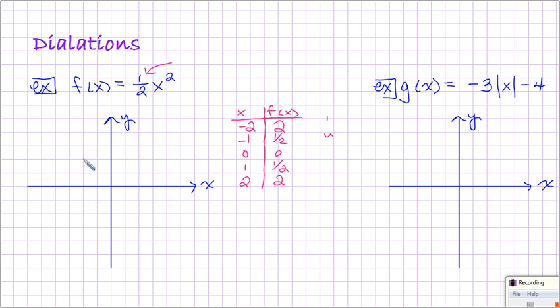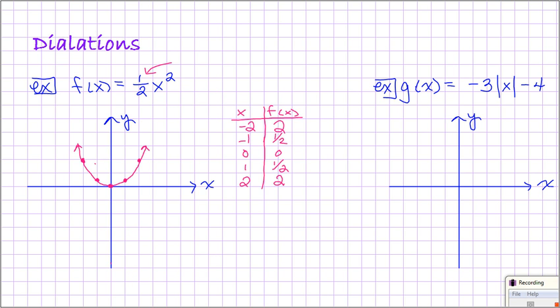So -2, 2, -1, 1/2. So estimate that would be about halfway in between the origin, 1, 1/2, and 2, 2. And so you can see the parabola forming. And notice how this compares to the actual parent function.